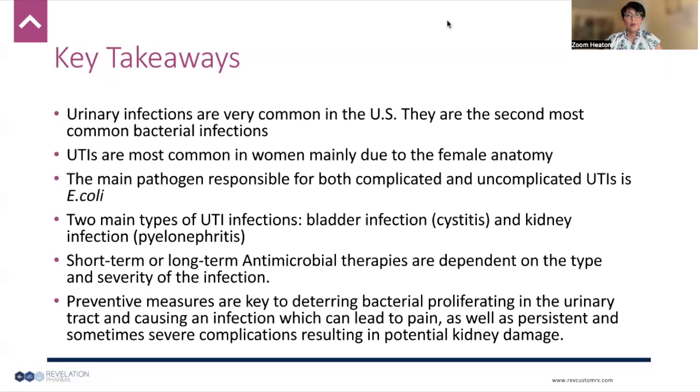Short-term or long-term antimicrobial therapies are dependent on the type and severity of the infection, and preventive measures are key to deterring bacterial proliferation in the urinary tract and causing an infection, which can lead to pain as well as persistent and sometimes severe complications, resulting in potential kidney damage.